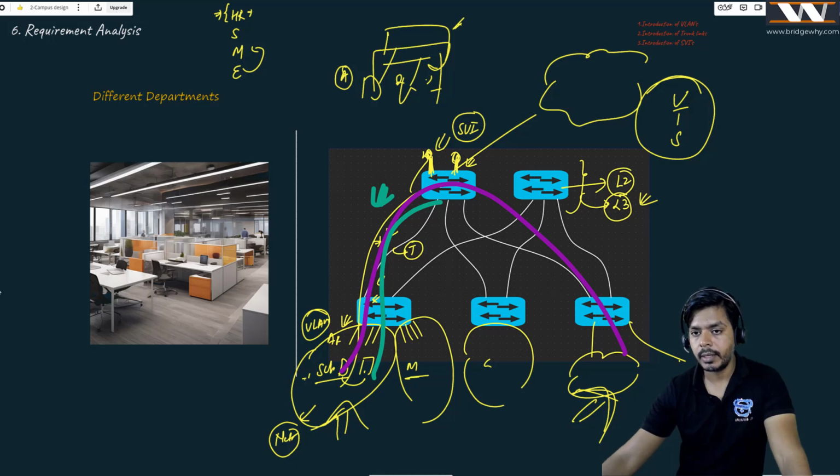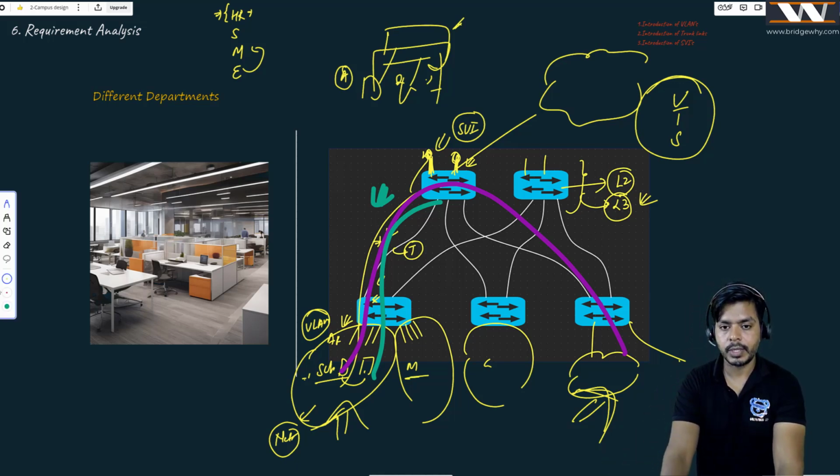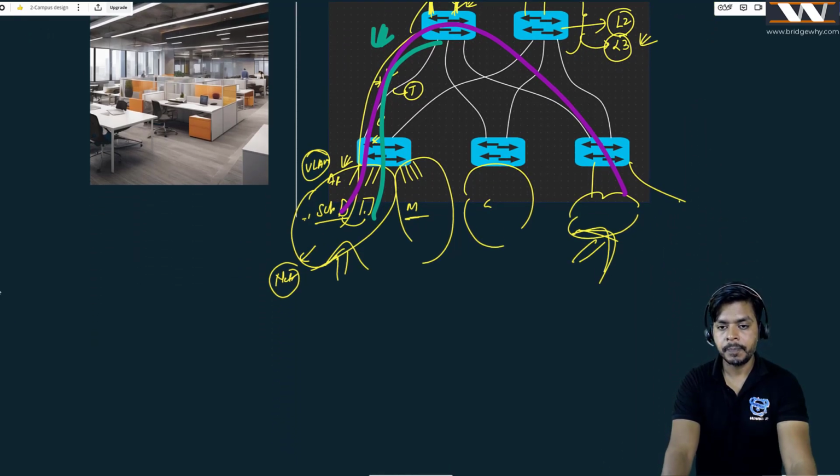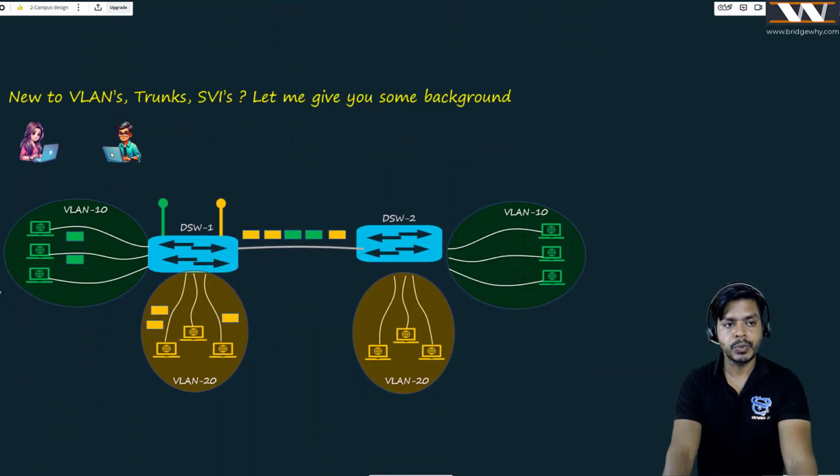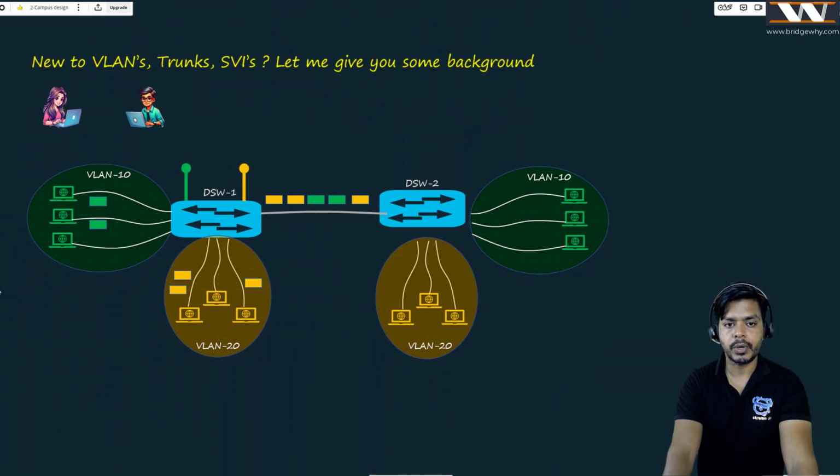Because it is doing routing between multiple VLANs. If you are not aware of all these concepts, then it is high time to go and brush up your concepts. New to VLANs, trunks, SVI, I have explained it very well in my switching course. Believe me, piece of cake, right?